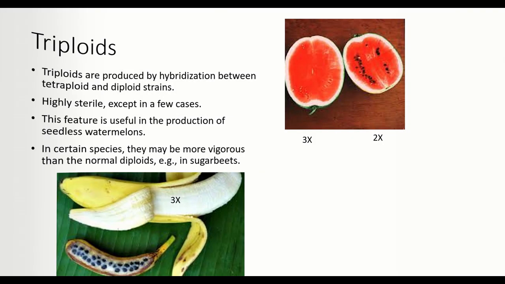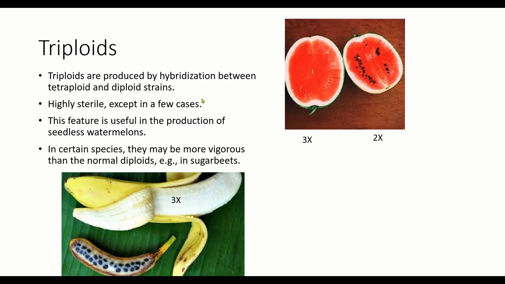Coming to the next slide, we have triploids, which are a category of autopolyploids. What are examples of triploids? Watermelon and banana. You can see here the example of banana. The banana becomes large, and the seeds inside the fruit are fewer, which makes the fruit palatable.